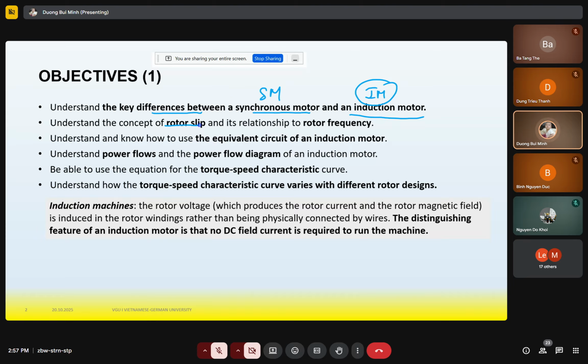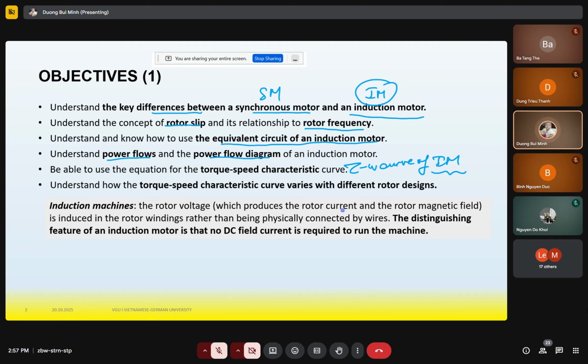We have rotor slip and rotor frequency, how to analyze the equivalent circuit of induction motors, understand the power flow diagrams, and the torque-speed curve of the induction motor.